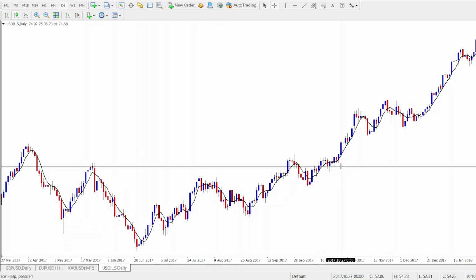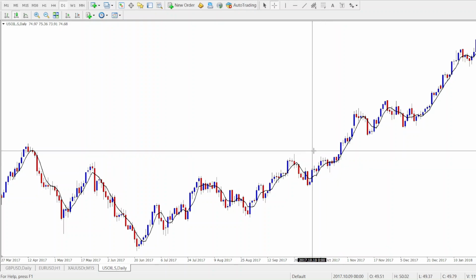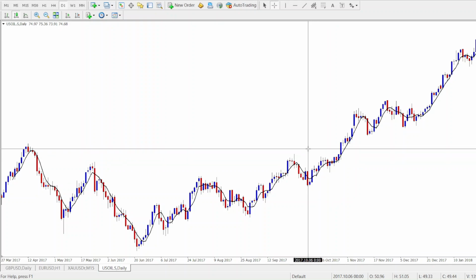Like the first 5 days that it used to make the calculation, then as time progresses, the moving average can make another calculation based on another 5 days. So let's say for the selected 5 days, day one closed at $50, maybe day two closed at $52, maybe day three closed at $53, day four $54, day five $55. This is just an example.